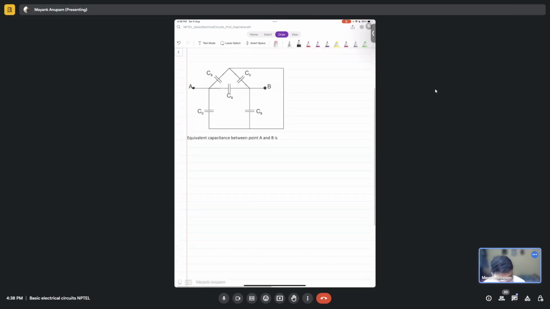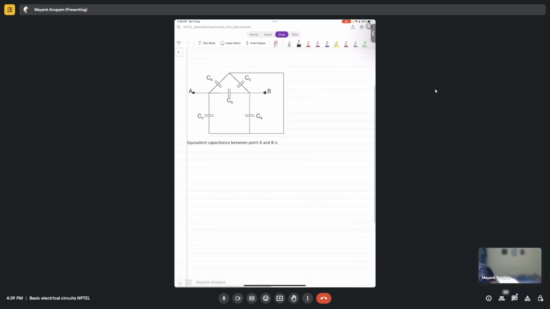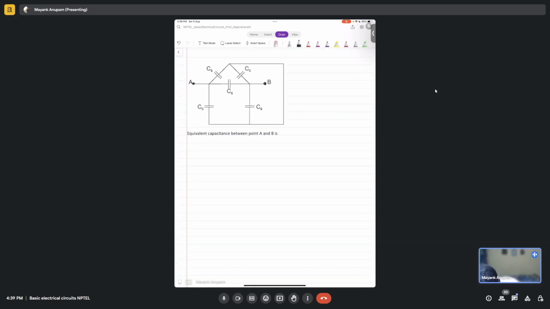You have to use parallel condition. Yeah, so first of all, this particular figure looks very complicated, right? So let's try to redraw it first.